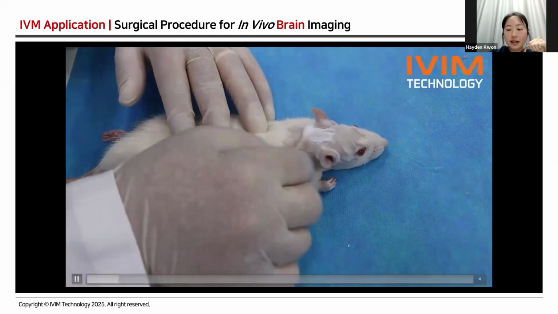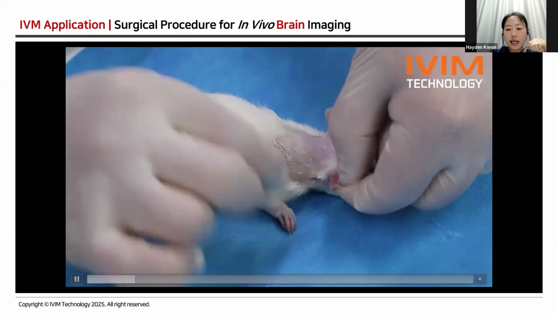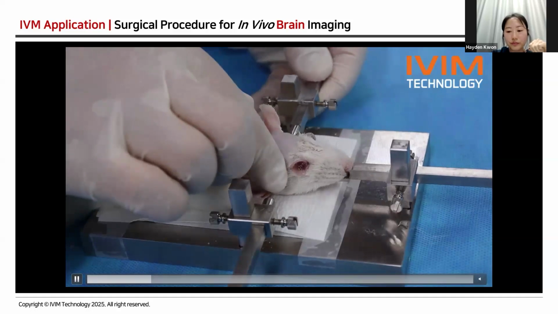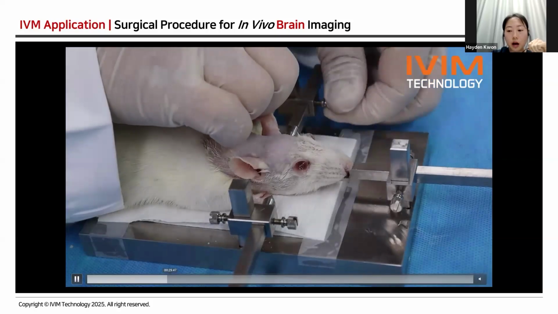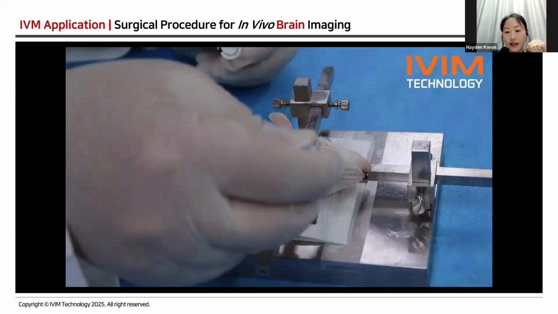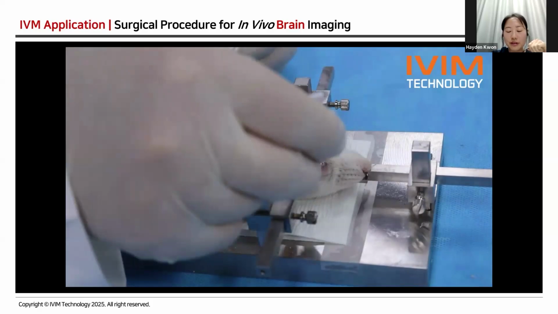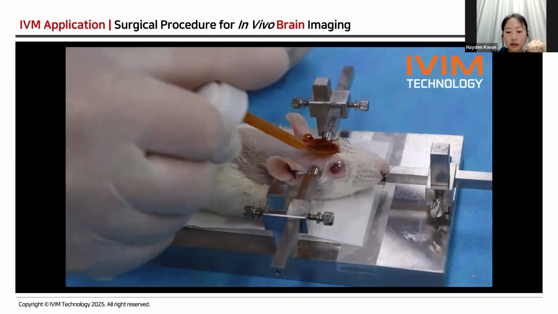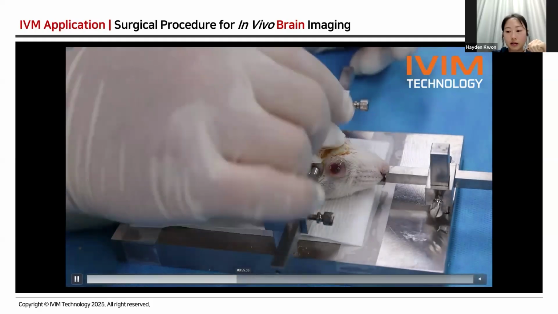After cleaning that area, the head is fixed onto the stereotactic surgical stage, and to protect the eyes, we apply ophthalmic ointment, and then disinfect the surgical site once more, just to be sure everything is clean and disinfected. After that, the scalp is cut open to expose the skull.